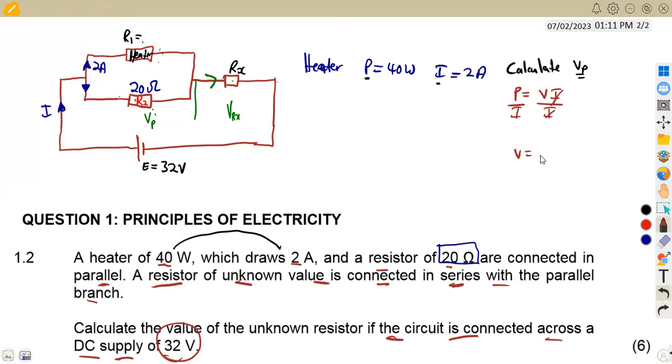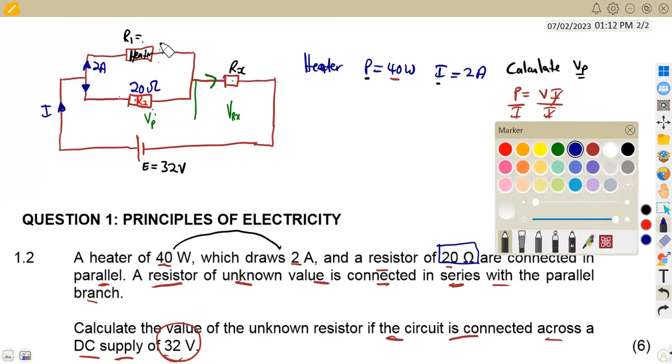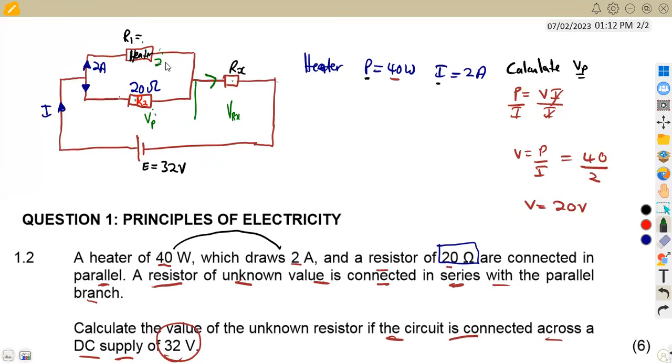Our voltage is going to be power over current, which is 40 watts divided by the current of 2 amps. This is going to give us a voltage of 20 volts, which is the voltage across the parallel combination here. Meaning also here we've got 20 volts across R2, because these two are in parallel.